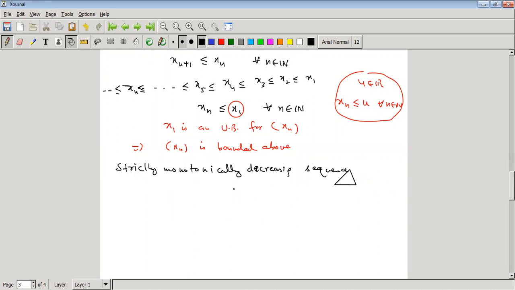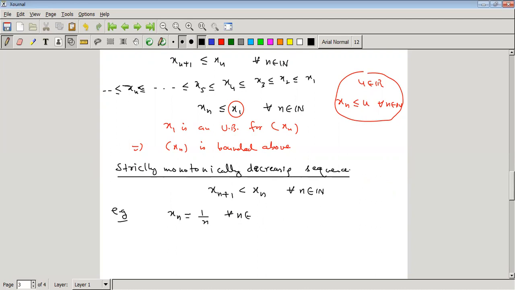You can write the definition: a sequence xn is said to be strictly monotonically decreasing if xn plus 1 is less than xn for every element. And what is an example for this? We can take xn equal to 1 by n for every element. So what is the sequence xn equal to 1 by n? It is 1, 1 by 2, 1 by 3, 1 by 4, 1 by 5, and so on.